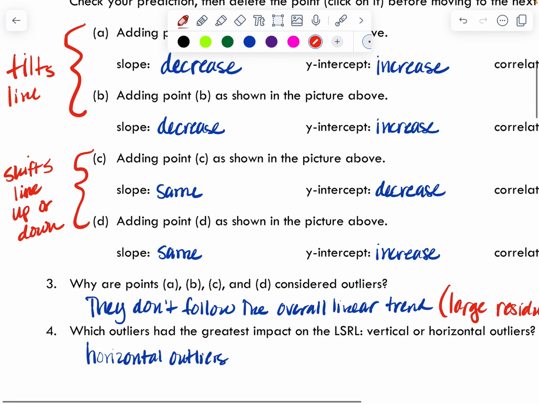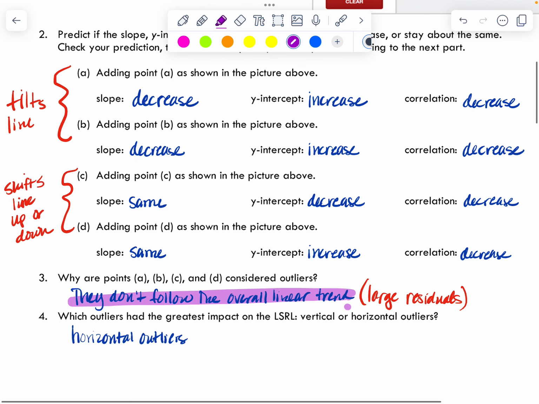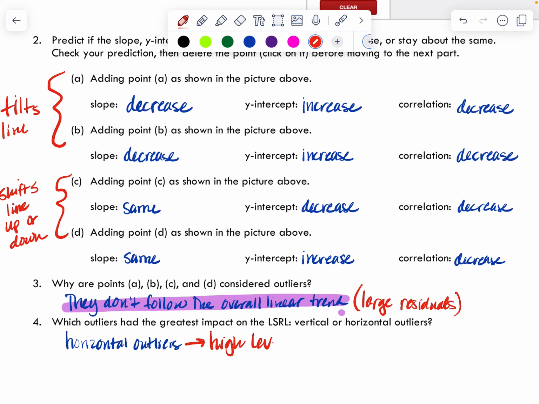Then if you go back and look, it asks which outliers had the greatest impact on the LSRL, vertical or horizontal outliers. What we discovered was that the horizontal outliers had the greatest impact. They made the most change. So these are what we call high leverage points. All of these are influential points.